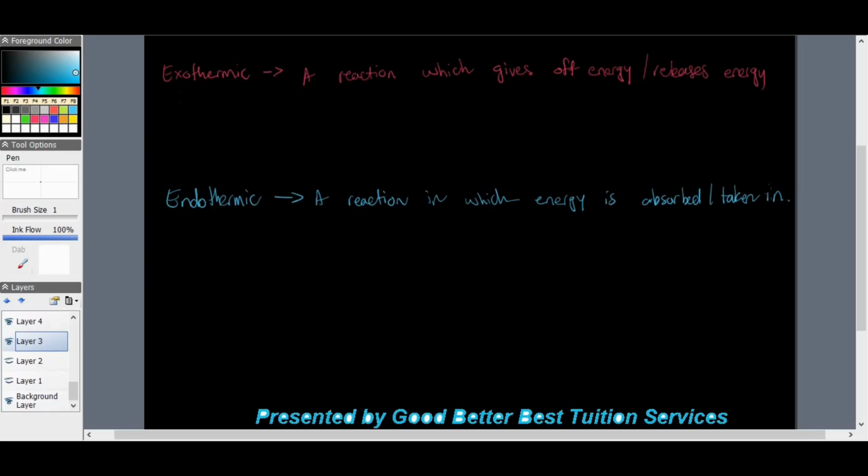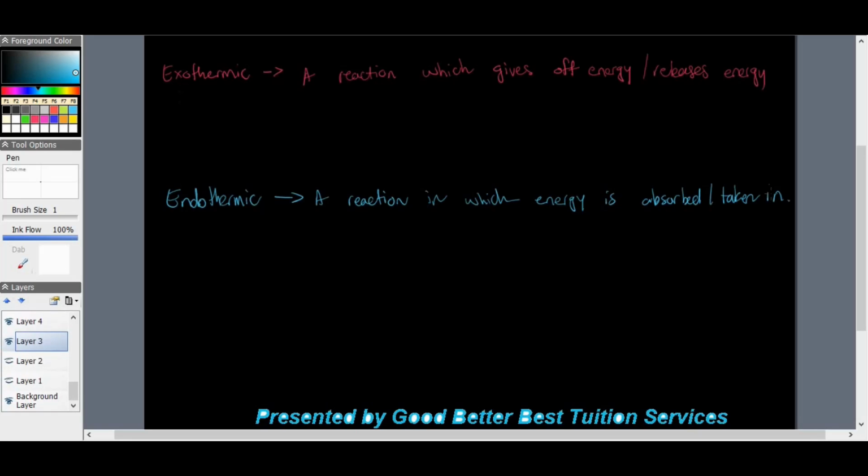Just to give examples again from last week, any exothermic reaction can be classified as anything that reacts with oxygen: combustion reactions, which are reactions that occur when reacting with oxygen. Basically that's your explosions.